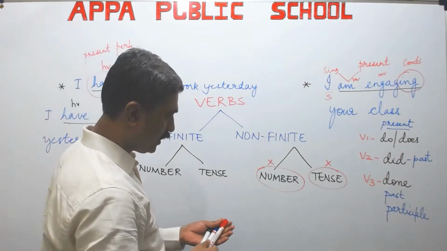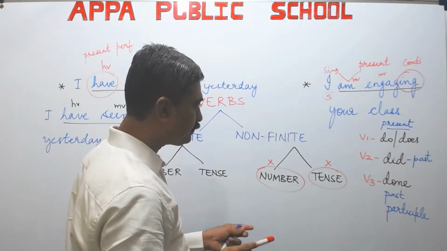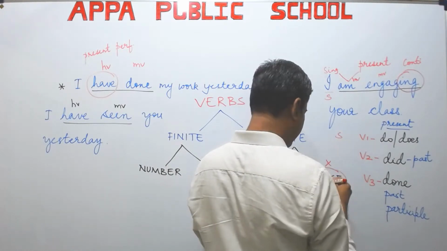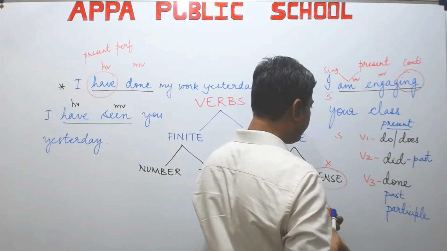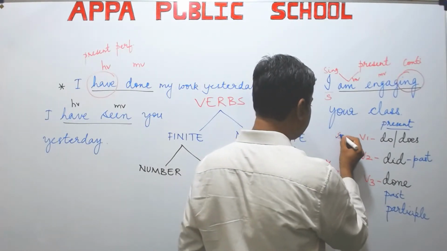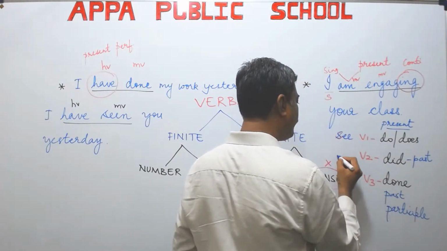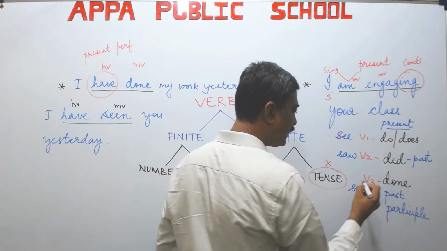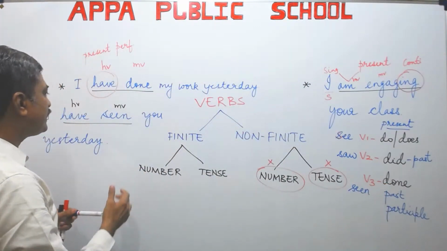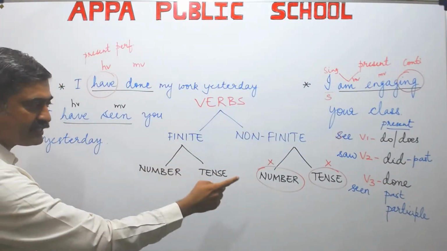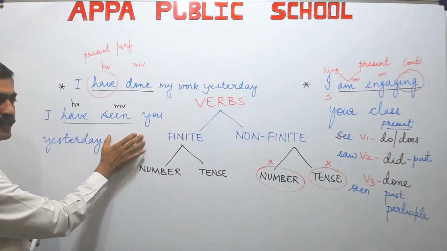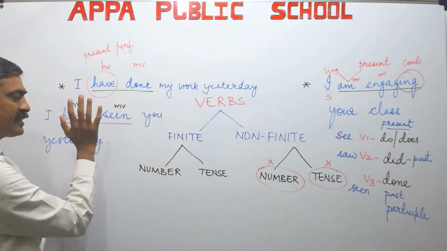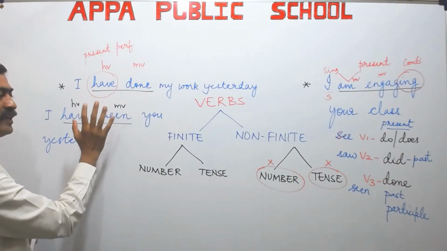If I keep writing, okay, this side is like the first form of the verb here is see. The second form of it is saw, and the third form of the verb is seen, right? So seen is the third form of the verb, which we said that it is a past participle verb. So when it is a past participle verb, it doesn't carry a tense and number of its own.